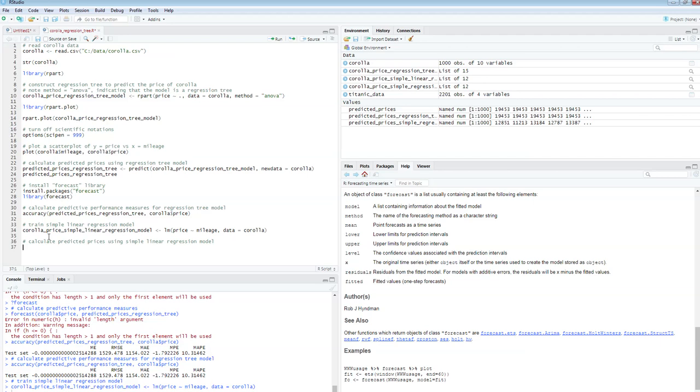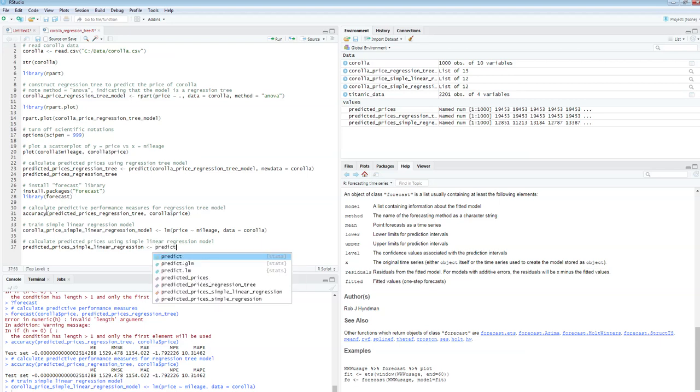I called the previous prediction predicted_prices_regression_tree. So here I'm gonna say predicted_prices_simple_linear_regression. Okay, so it's a different set of predicted prices, different model, different predictions, right?